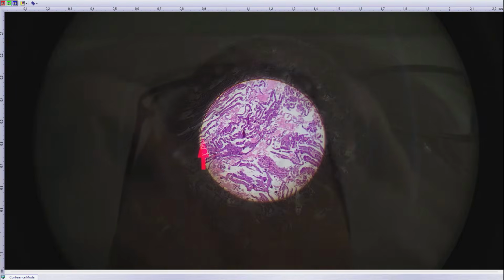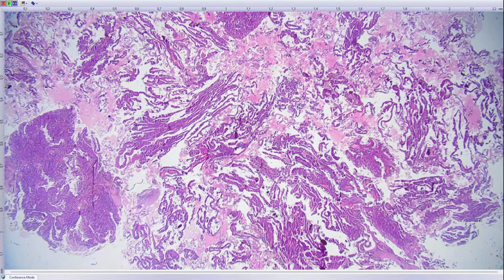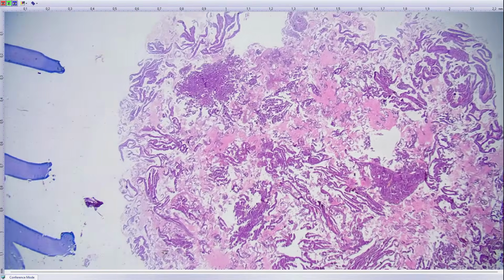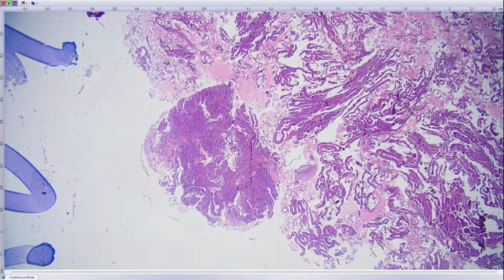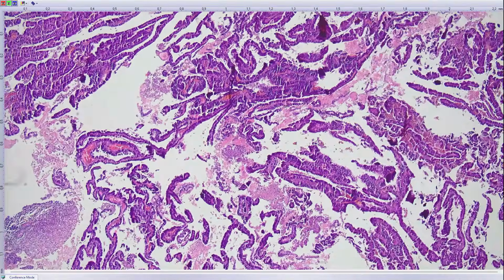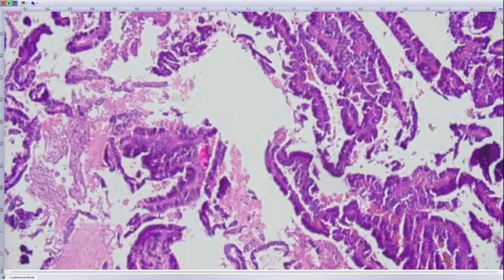Here I have a cervical biopsy. And you see a high-grade, deeply basophilic tumor.